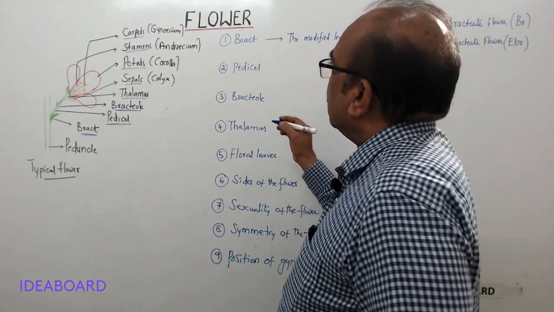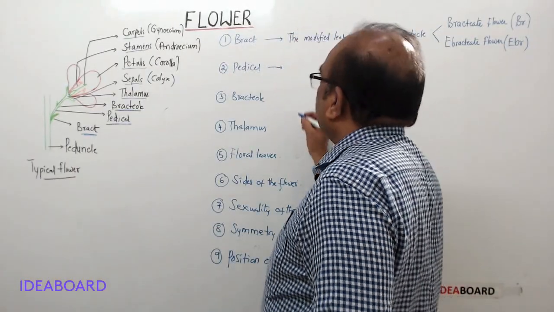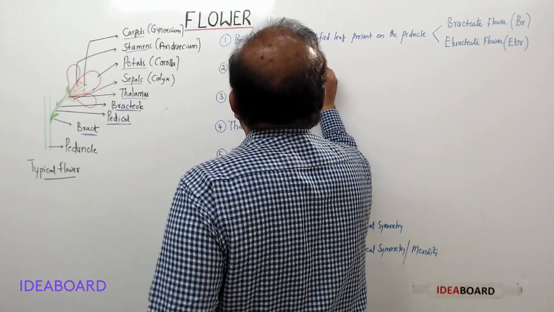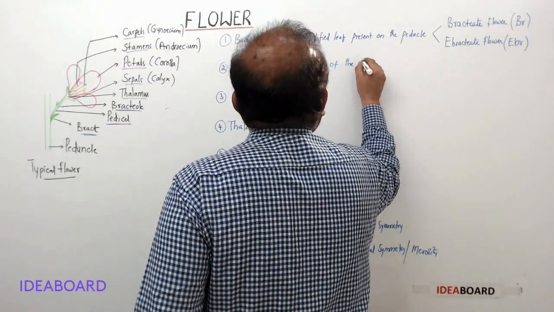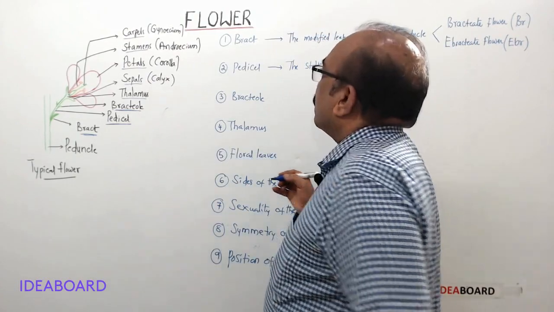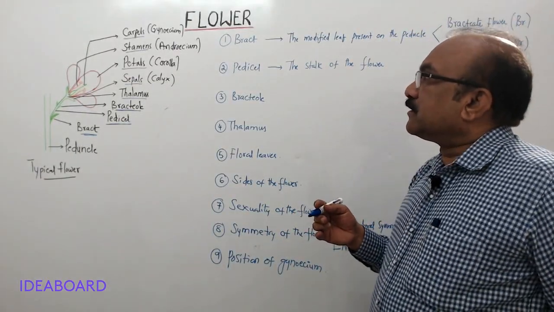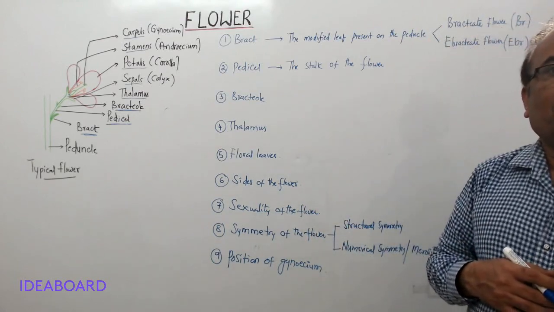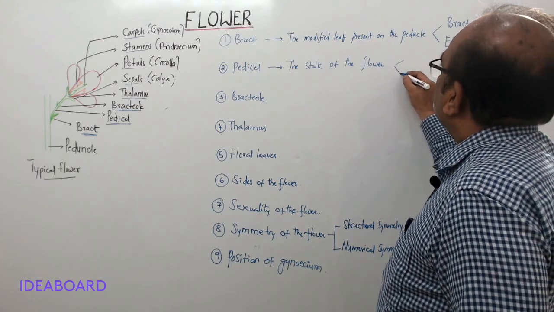And now let us see what is this pedicel. The stalk of the flower is called pedicel. But you see, even the stalk may or may not be present. So, two conditions you will find.